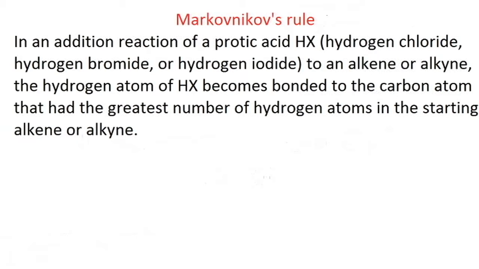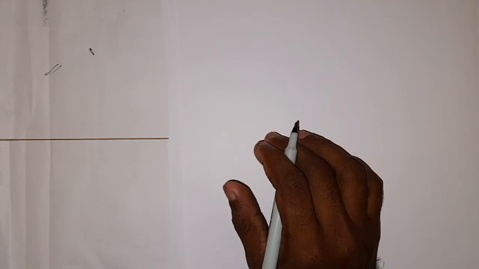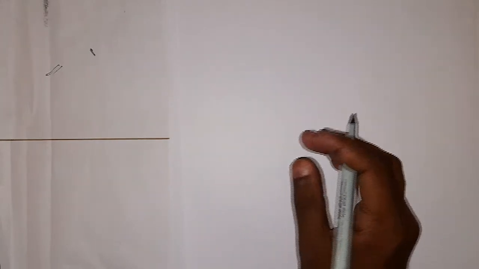Now you can see the definition of Markovnikov's law. Just read it. Okay, actually after reading this definition you can't understand it very clearly, but I will give you examples.